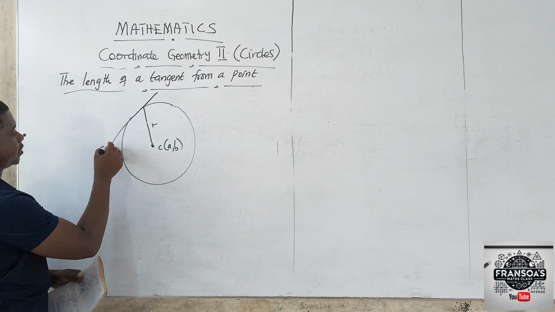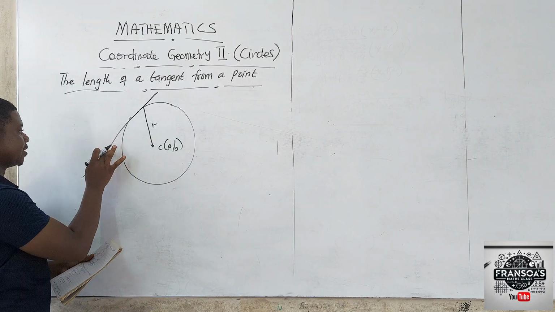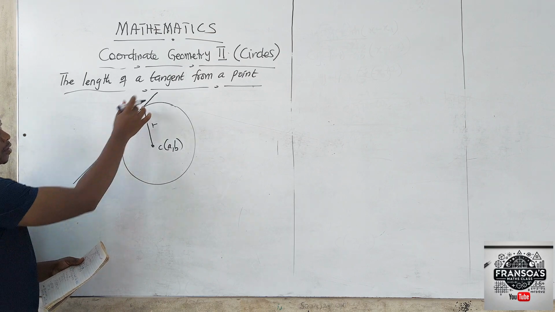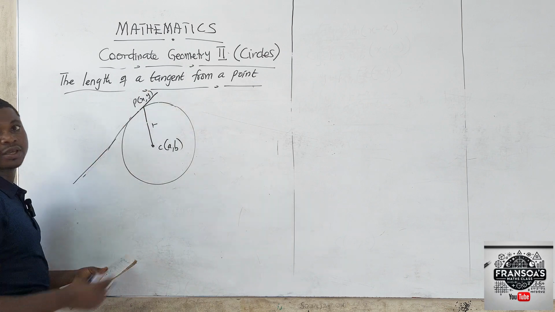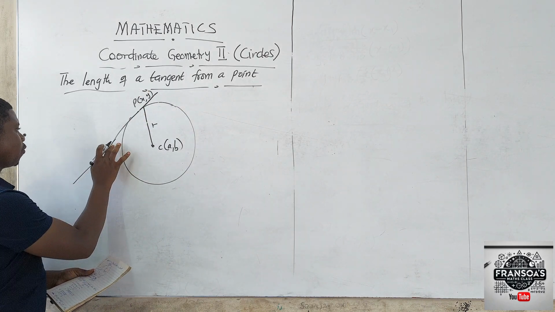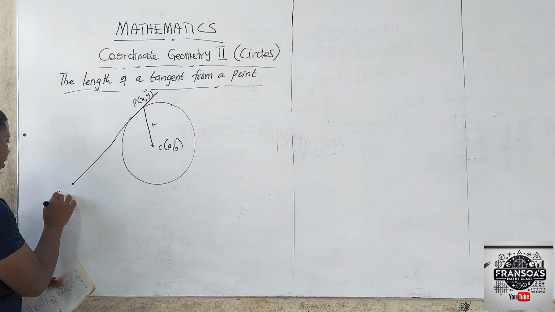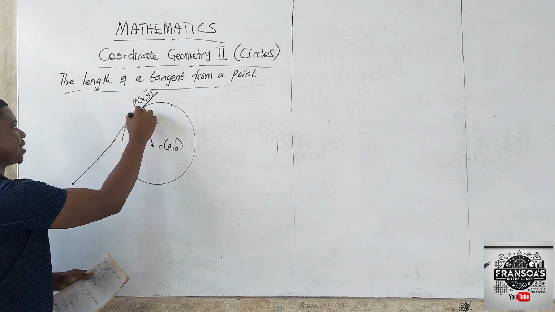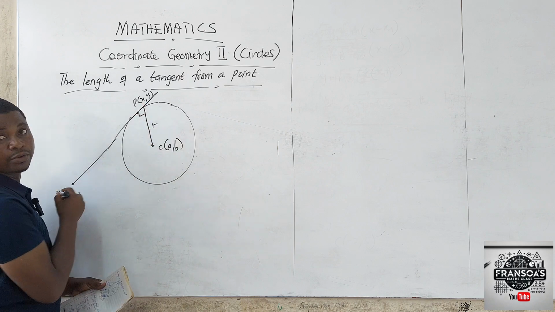With this tangent, we have the point P (x, y) here. From the tangent to this point, we have our Q, where this is giving you an angle of 90 degrees.